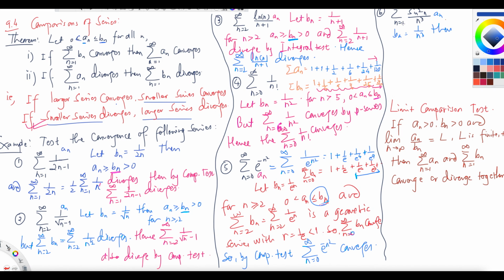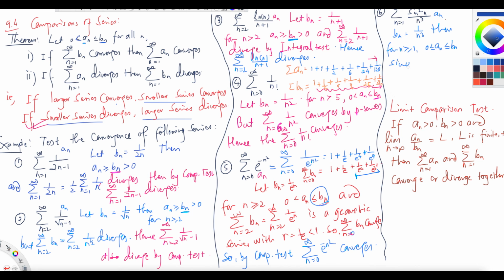Then for n greater than or equal to 1, you can write 0 is less than or equal to a_n, which is less than or equal to b_n, because you see that sine squared n is less than or equal to 1, and the n cubed in the denominator is the same, but on the numerator sine squared n is always at most 1, right? So that's why you can write that.